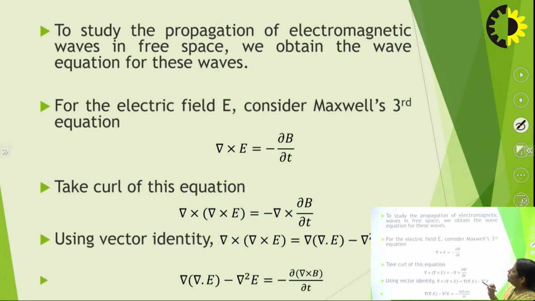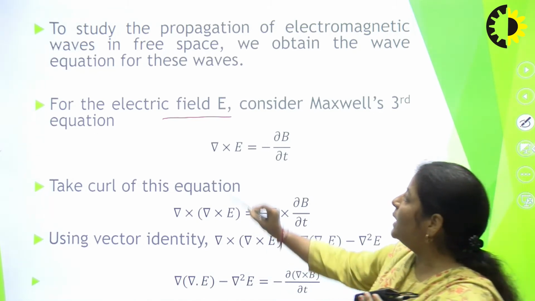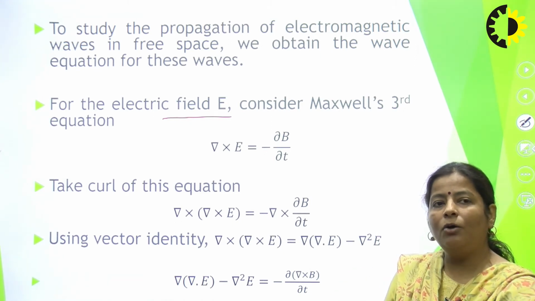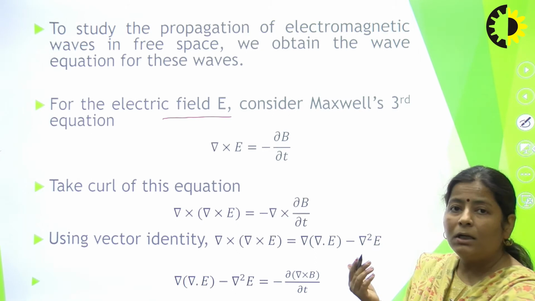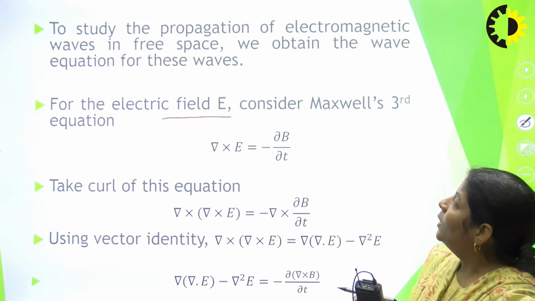We first find the electromagnetic wave equation for the electric field particularly, then we will find it for the magnetic field, and then we will combine them to have the final electromagnetic wave equation.